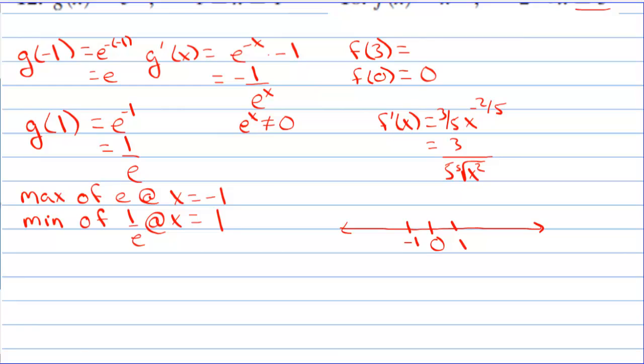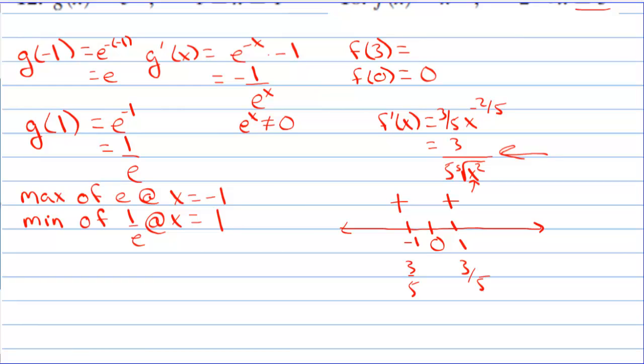So if I plug -1 into the derivative, we get a +3/5 because you're going to square -1. That'll be positive. 5th root of 1 is 1. So this is moving to the right. Then we find out where the velocity is undefined, and this keeps moving to the right because if you plug in 1, you get another 3/5.